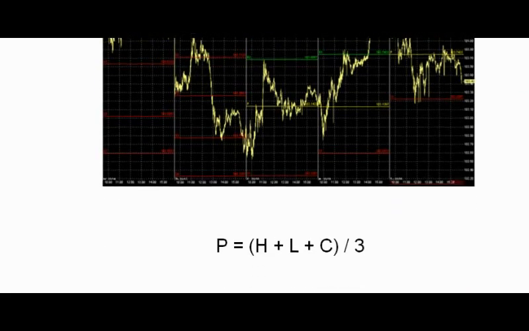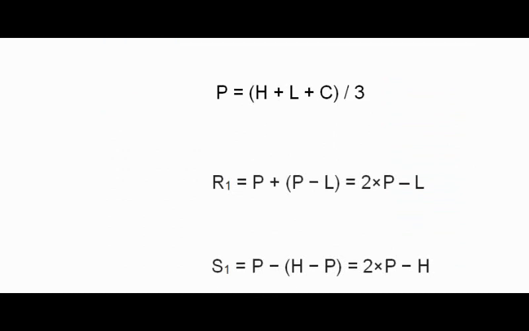All right, so these are the calculations of finding the pivots. If you wanna calculate them on your own, you could do that, and that could be of some help. So when you do this, then you'll be able to know some areas, some mathematical areas where price is able to bend or break.